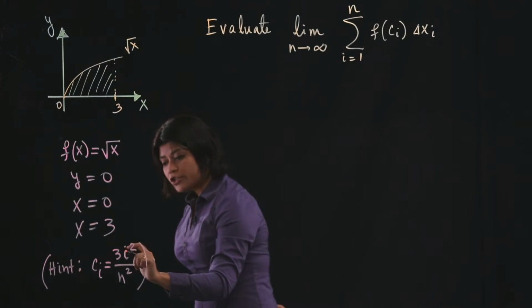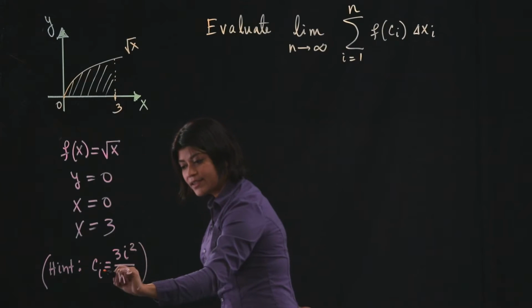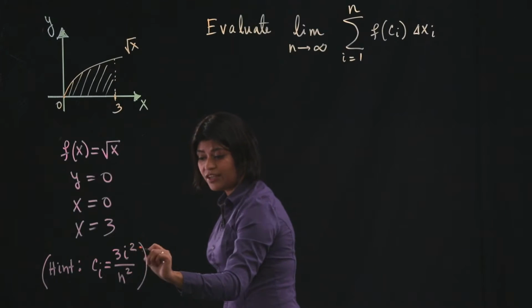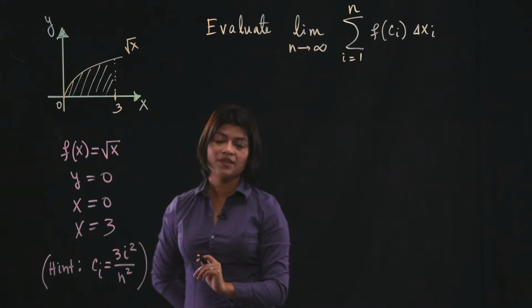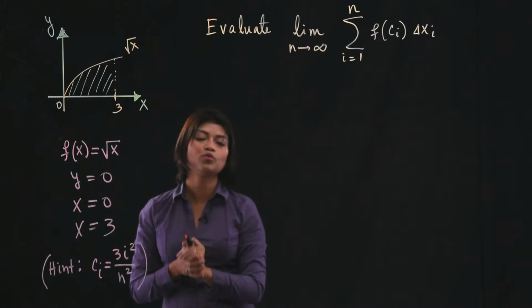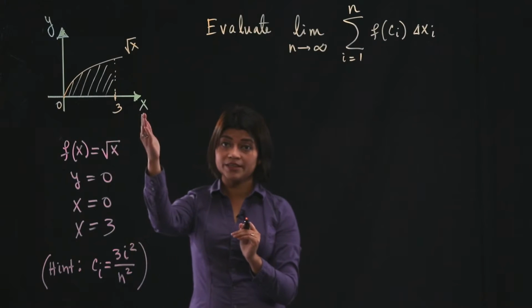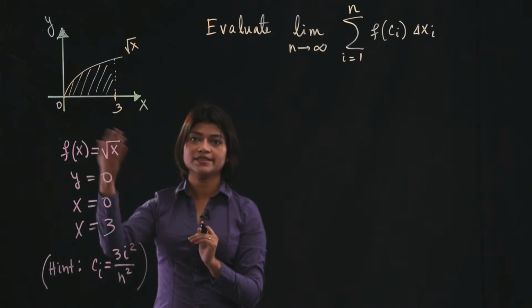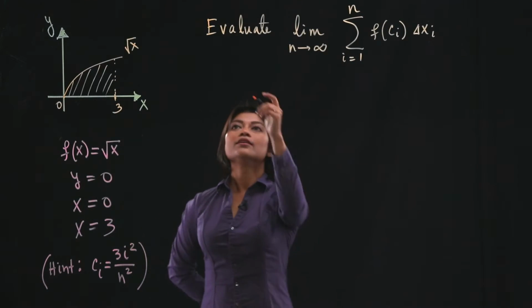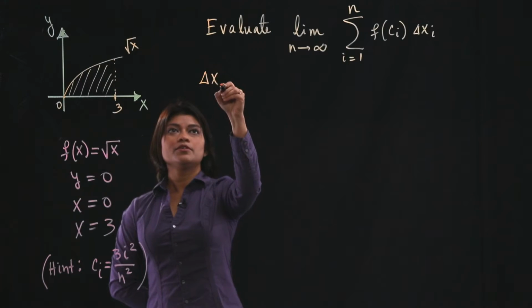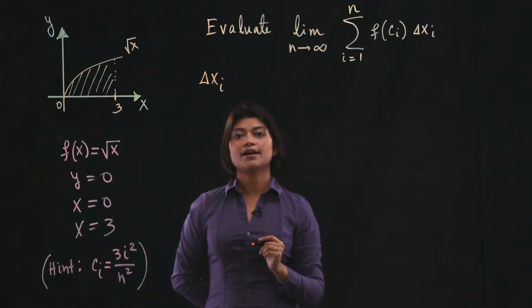Now in the problem, we also have the hint that considers ci to be 3i squared over n squared. Using that, we have to figure out what will be the length of each subinterval when we partition this interval 0 to 3. So that's the first step, to compute delta xi.